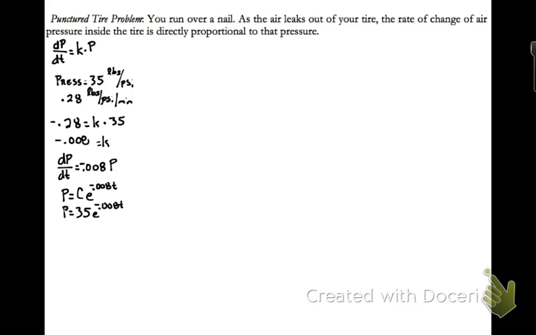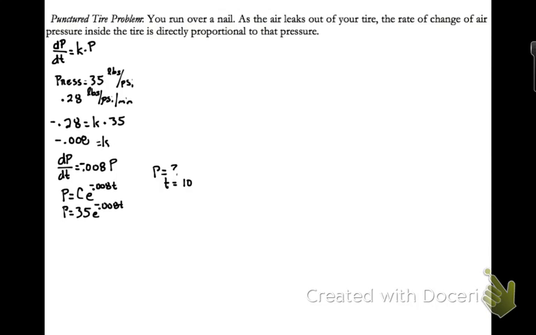Now, the next question could be, what's the pressure when t equals 10, or 10 minutes after the entire process starts?